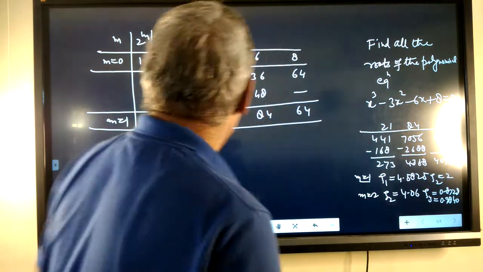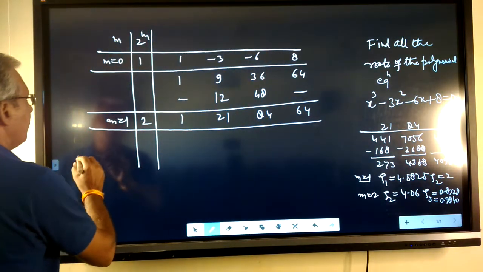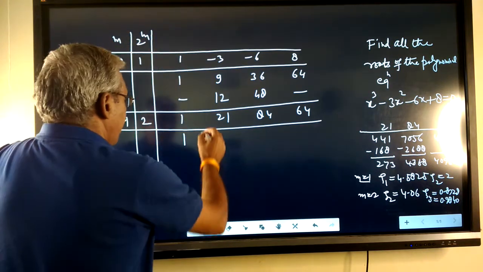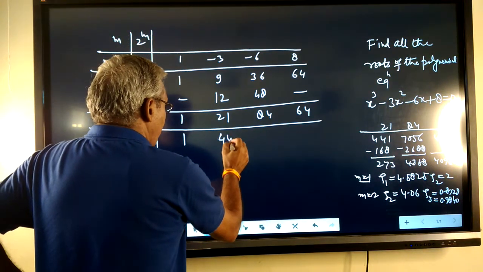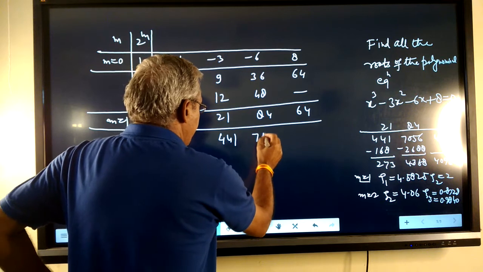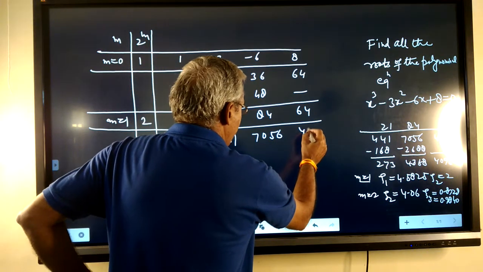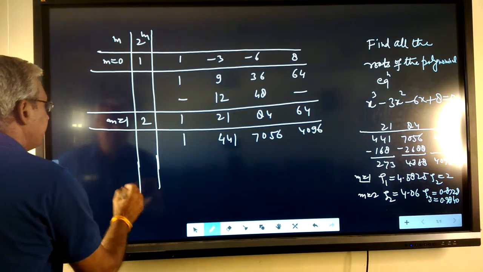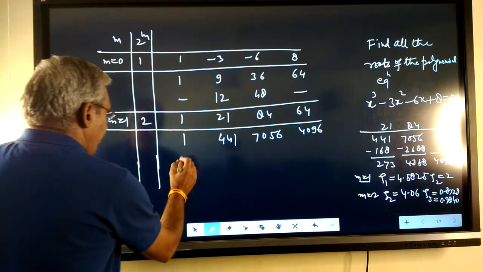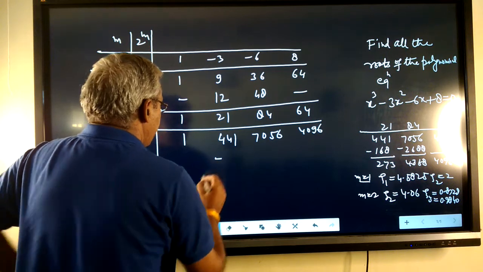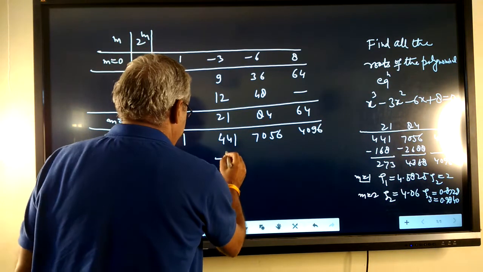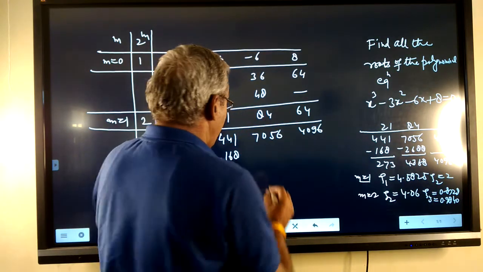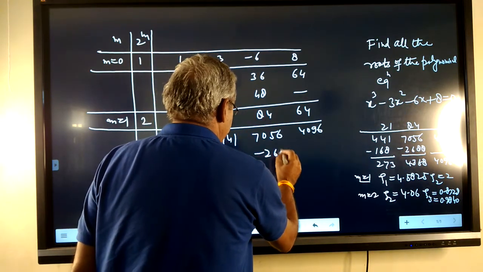Further, for the second squaring, m equal to 2, we have 1, 21 square which is 441, the square of 84 which is 7056, and 4096. After this, we have minus 2 into 168, and minus 2 into 21 into 64, which is minus 2688.